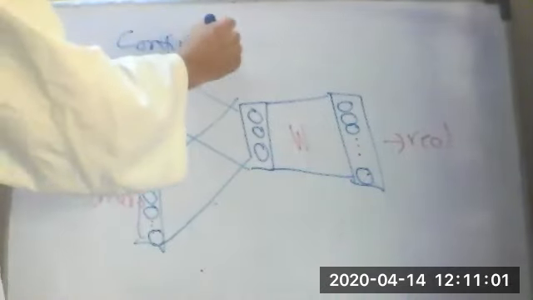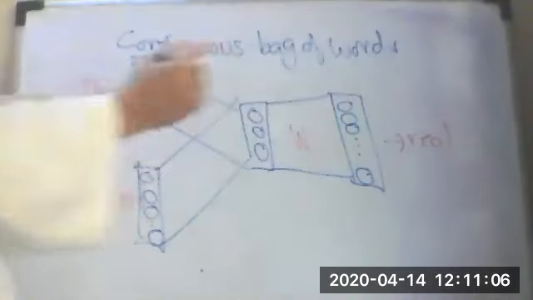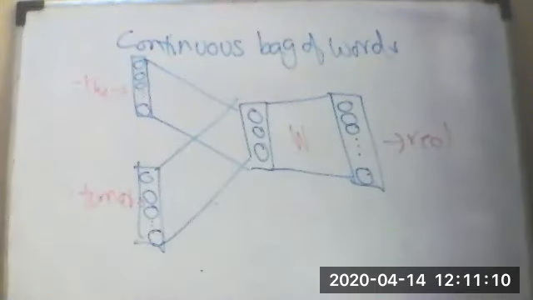Continuous bag of words model for generating word vectors, and these word vectors are here. ठीक हो गया?